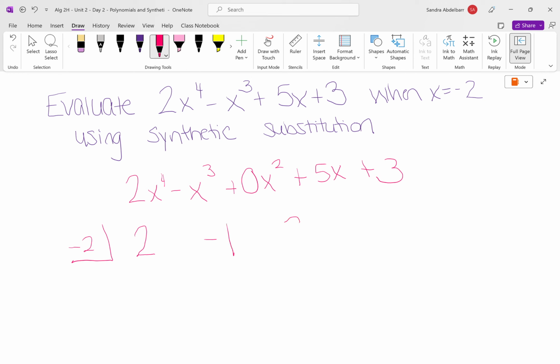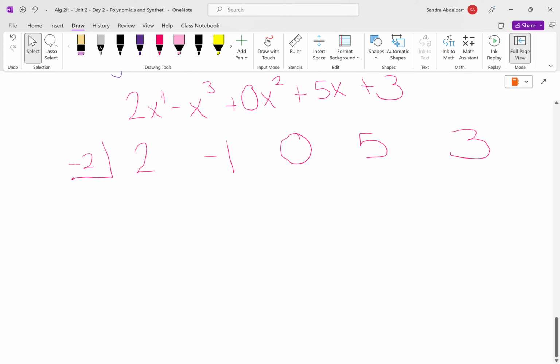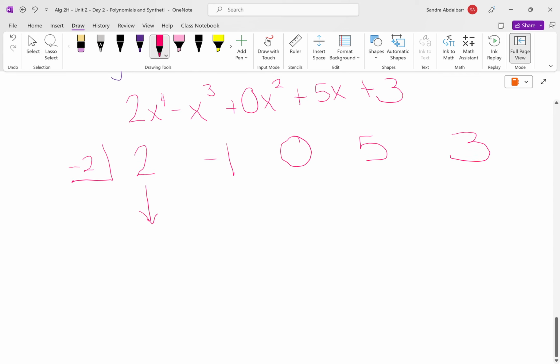So I'm going to put the -2 in the box, and then I'm going to list my coefficients. 2, -1, 0, 5, 3.